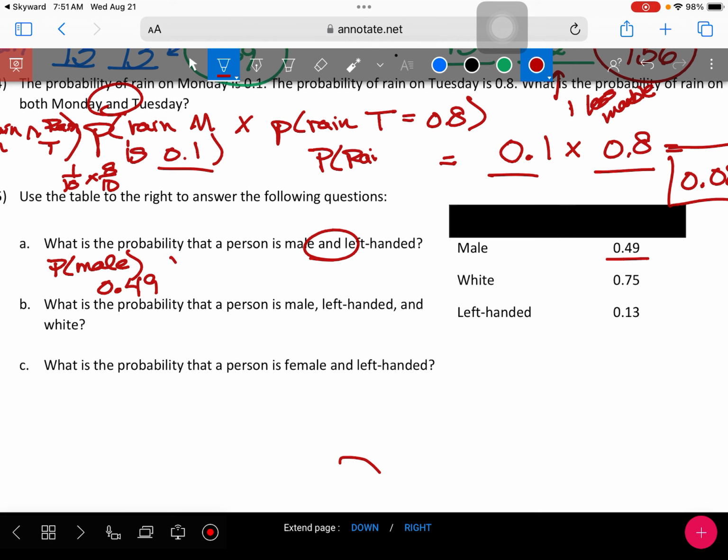And that means we're going to multiply the probability that they are left-handed, 0.13. Use your calculator and multiply those together. Tell me what you get. 0.0637.